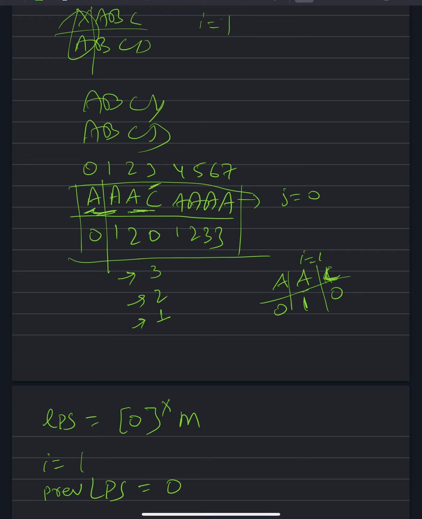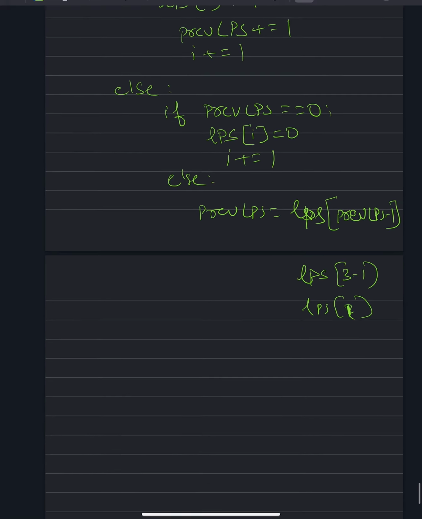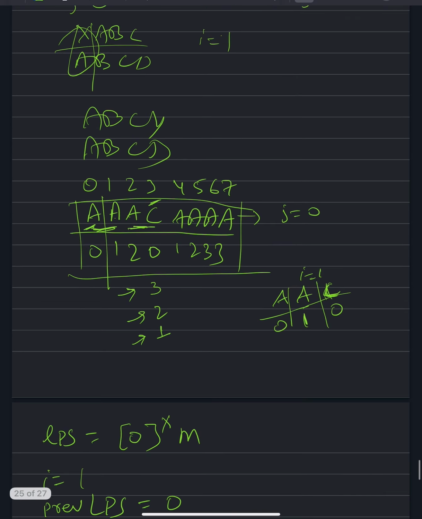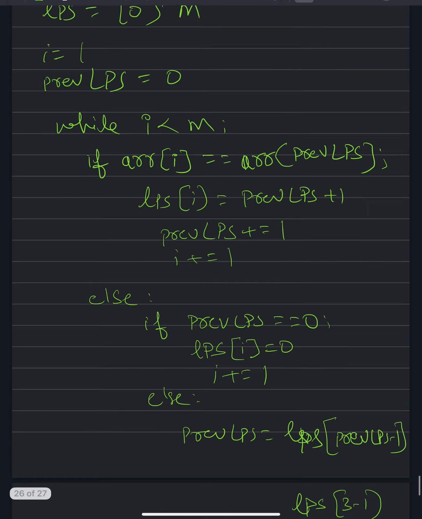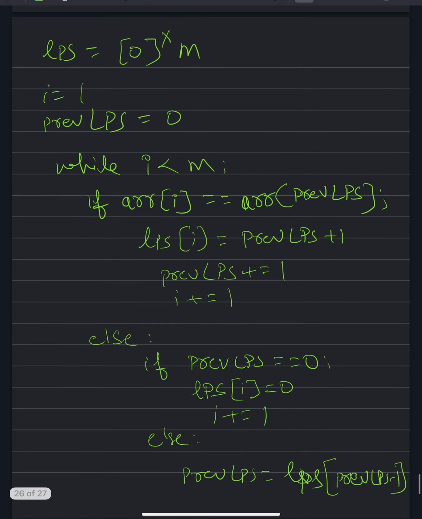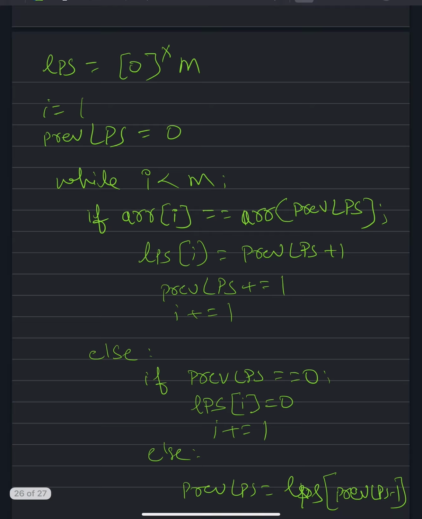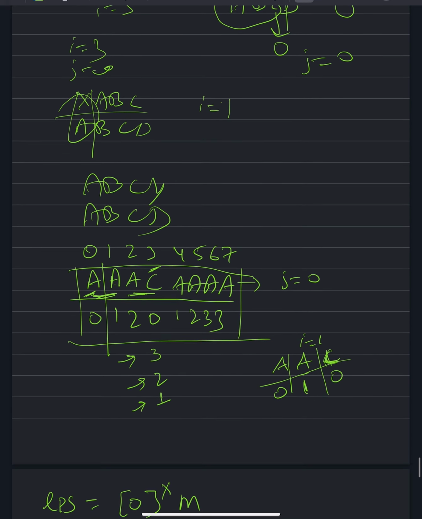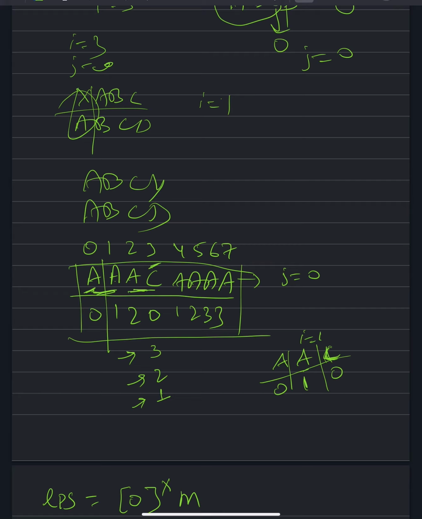Okay, so I think you have got the idea or intuition of why we are doing this. We are checking step by step whether the previous LPS is possible or not. We were moving continuously and now it is not equal, so we were checking if it is possible to have 2 or 3. 3 was not possible, so we checked if the previous was possible.